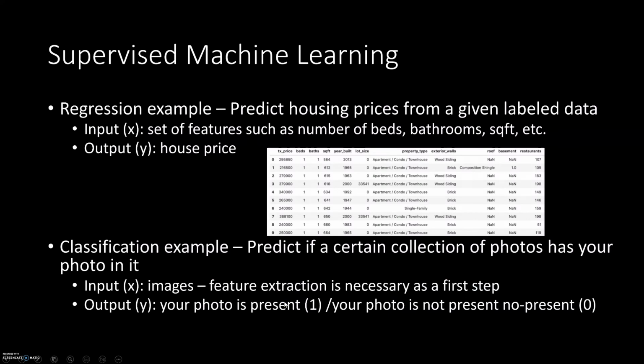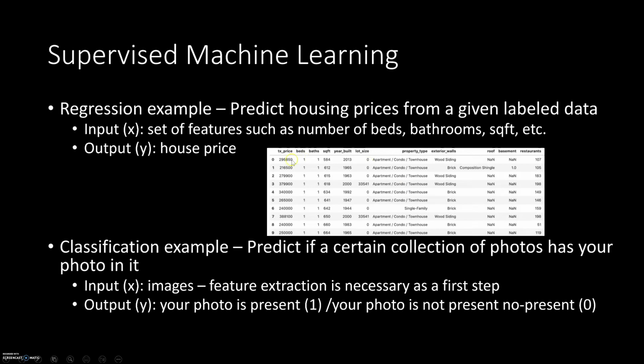So let's take a look at two different types of problems that can be solved using supervised machine learning. One is regression, one is classification. For regression, the output can be any real number. As an example, let's say we want to predict the housing price based on a bunch of inputs.